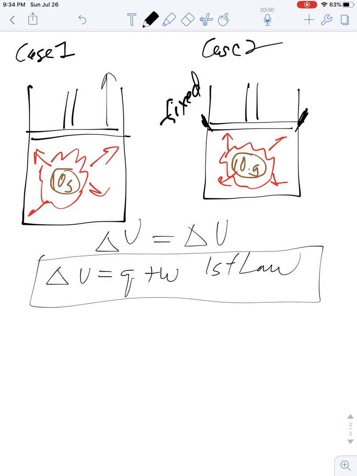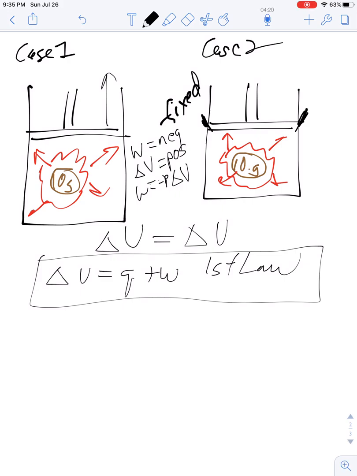Okay, so let's go back to case 1. If the piston is going up, my work is going to be negative, right? Because my volume change, and don't confuse V with U here, is going to be positive, and because work is equal to negative PΔV, that means my work must be negative.